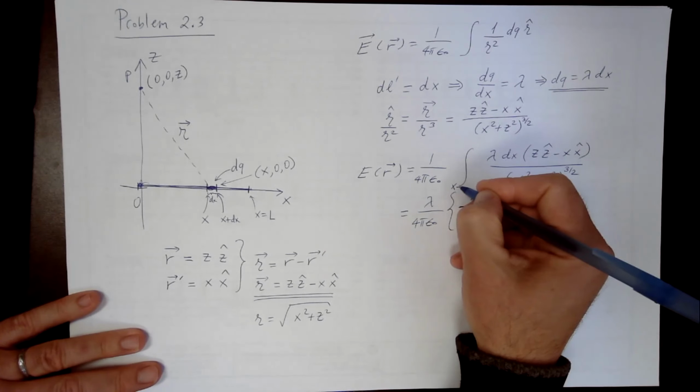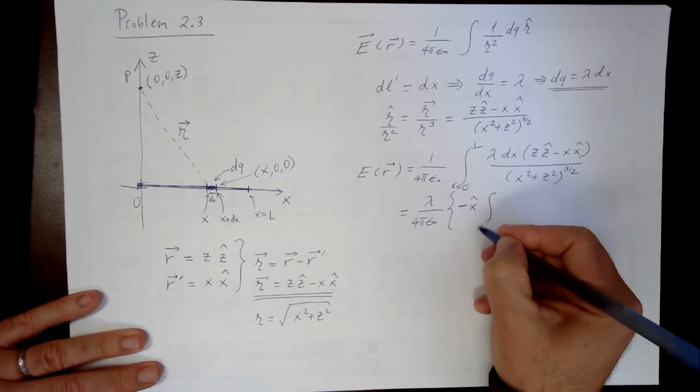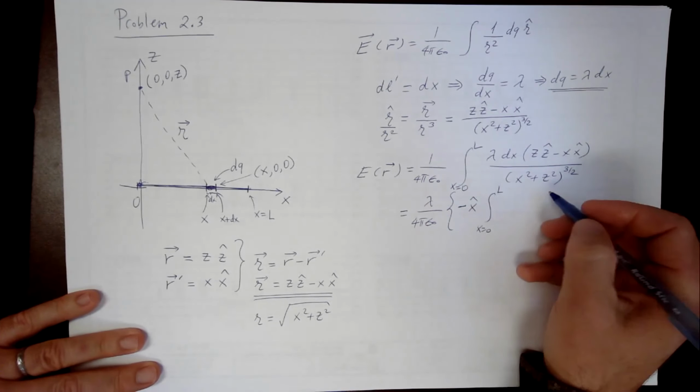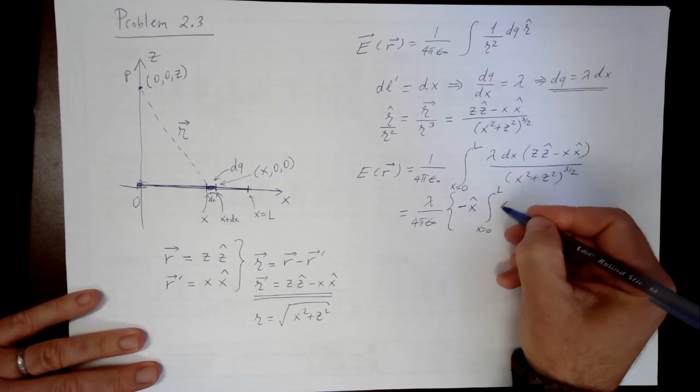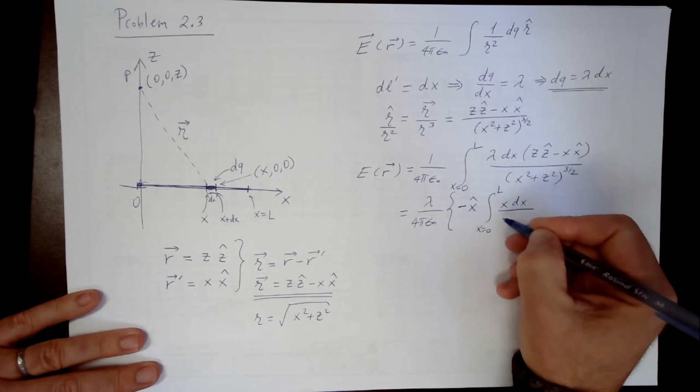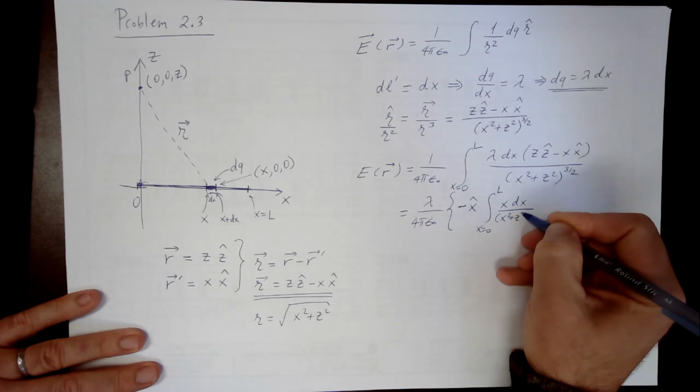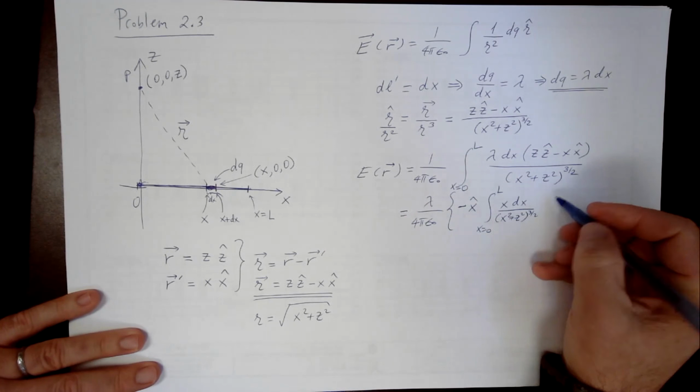Again, the integration limits are x equals 0 to L. This one is also x equals 0 to L. And then here I have minus x hat, x dx over x squared plus z squared to the 3/2.